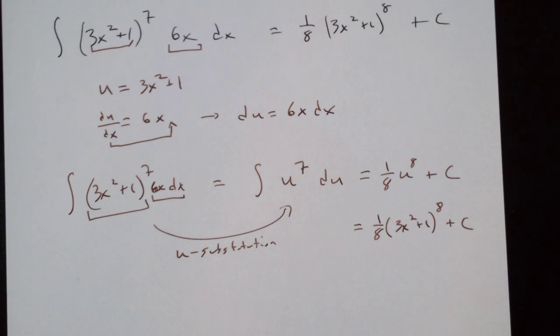So if I'm working with something that I think might have come from a chain rule, I'm going to look for this relationship between the two parts that are being multiplied, an inside and then its derivative. Example.